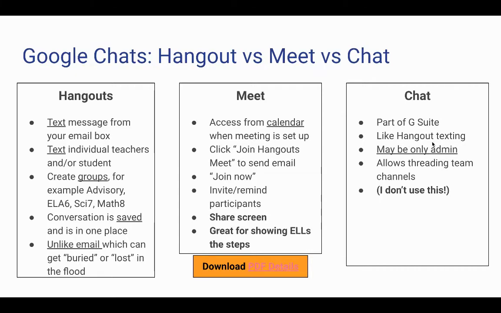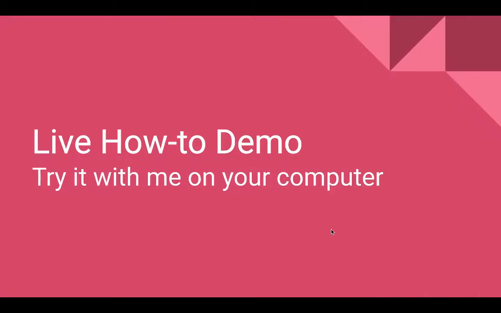It's like Hangouts texting, but it may be only for admin in your school, depending. The capabilities of this is that it allows threading of team channels. I don't really use this, so I can't really talk about it, but I can show you what Meet and Hangout look like because I've used that extensively, almost every day.